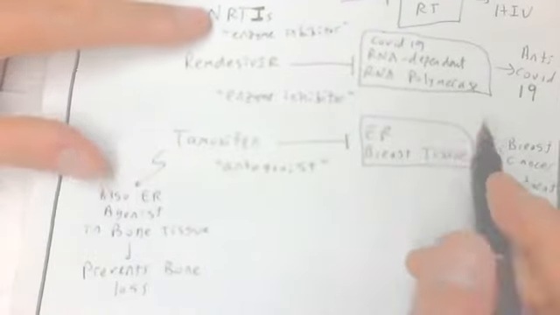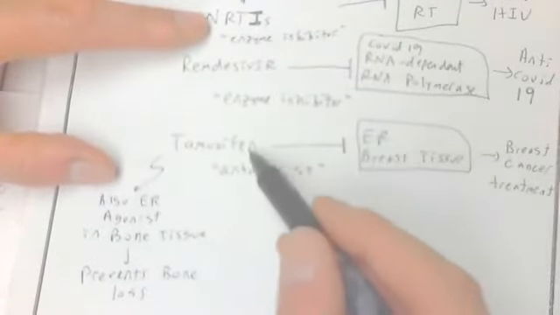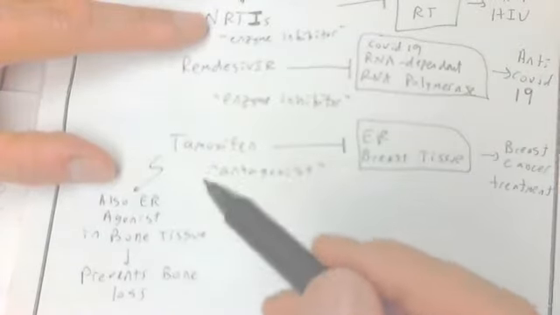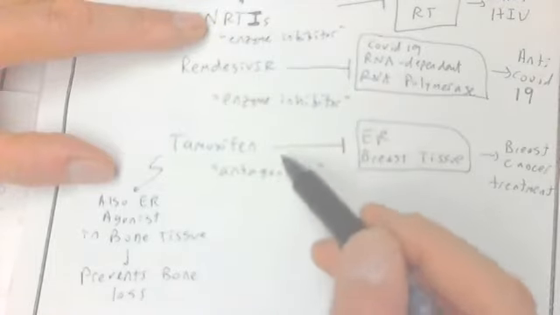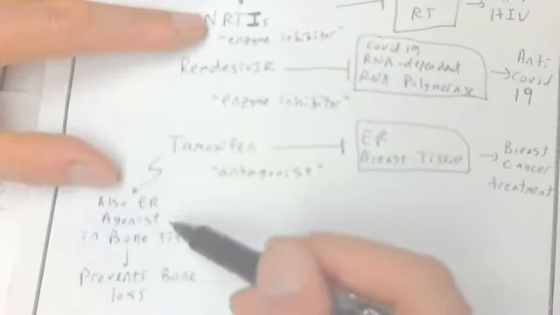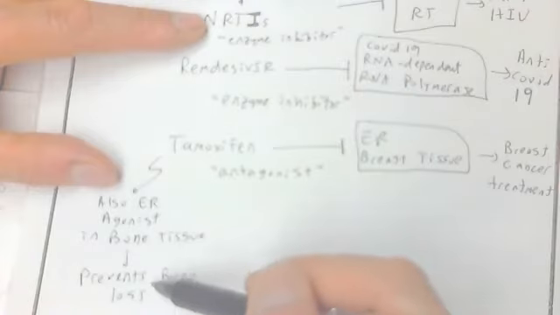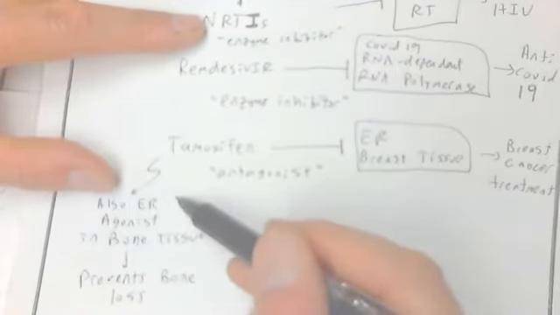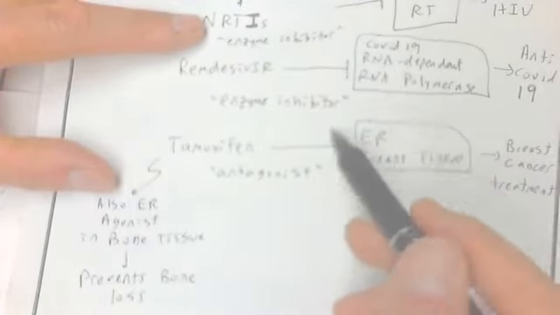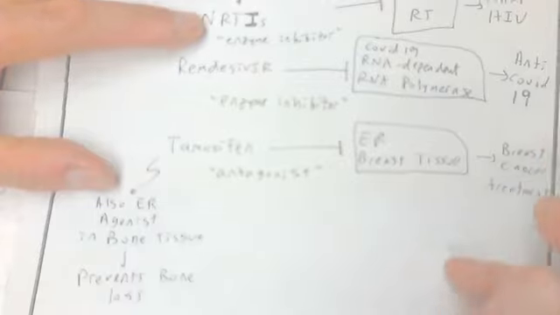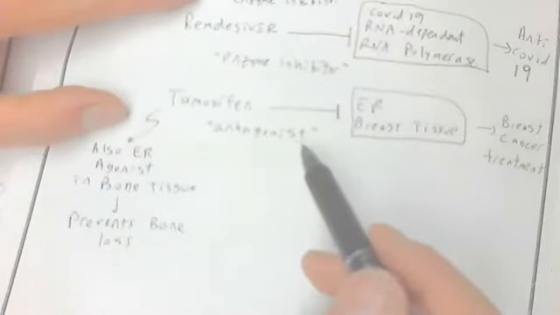And that's very fortunate, because otherwise, if this was a universal antagonist of all estrogen receptors, it could inhibit bone growth or bone structure, and essentially cause bone loss or degradation of your bones, and that would be bad, right? So it's a little anomalous, but also useful, that it is an antagonist in some situations and an agonist in other situations.